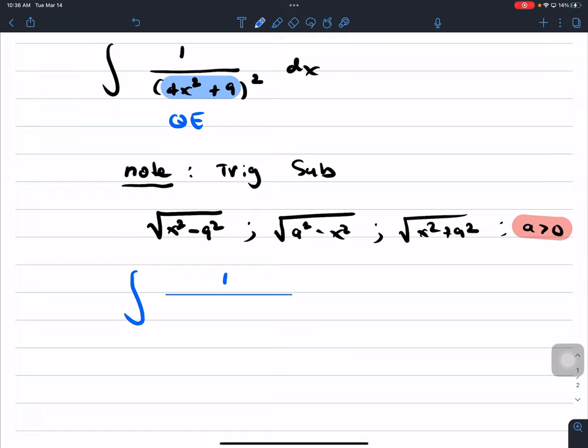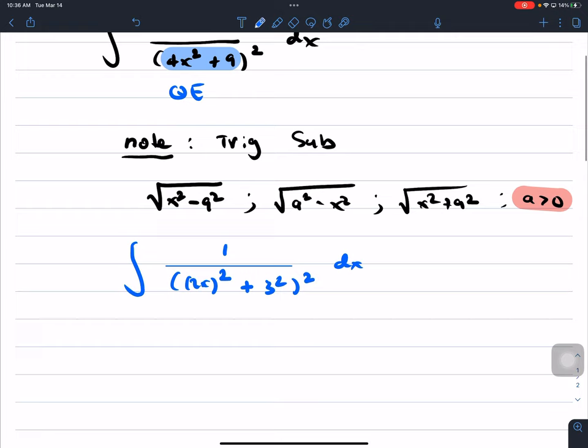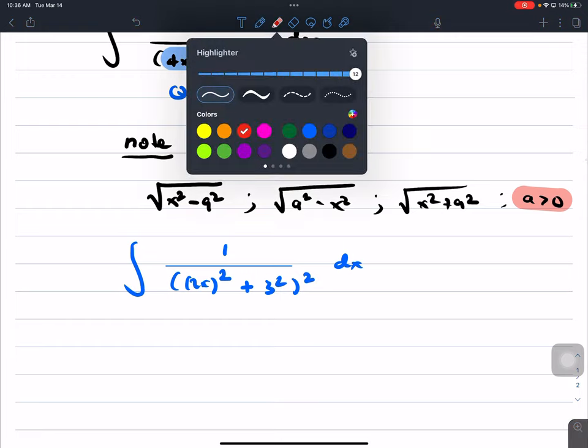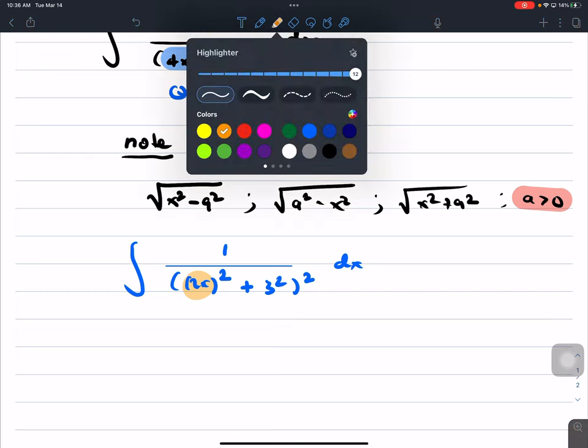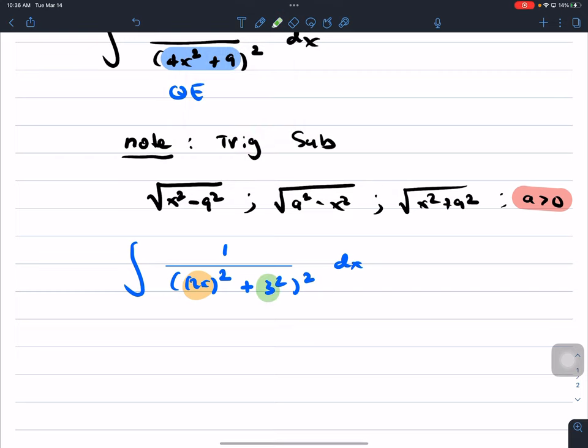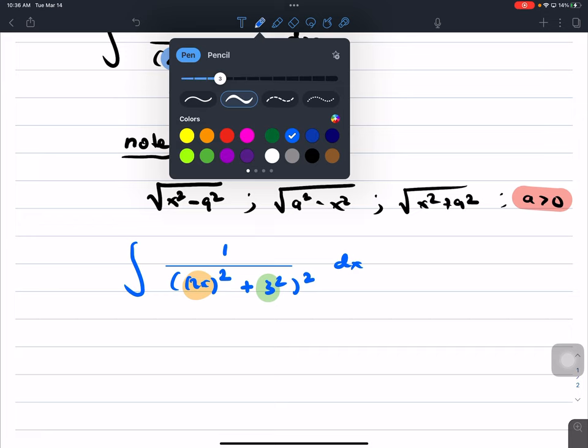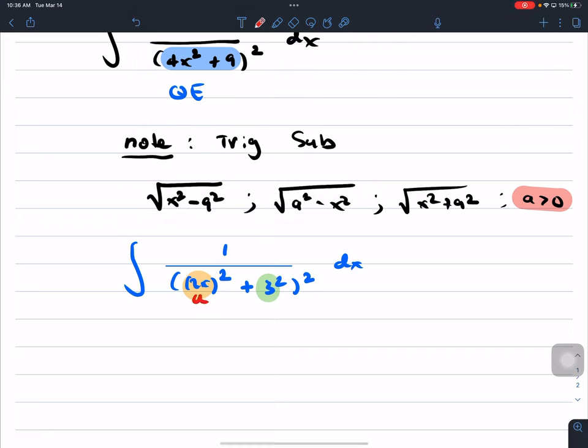You might say, can I see this as (2x squared plus 3 squared) squared dx? Okay, you guys see my point?